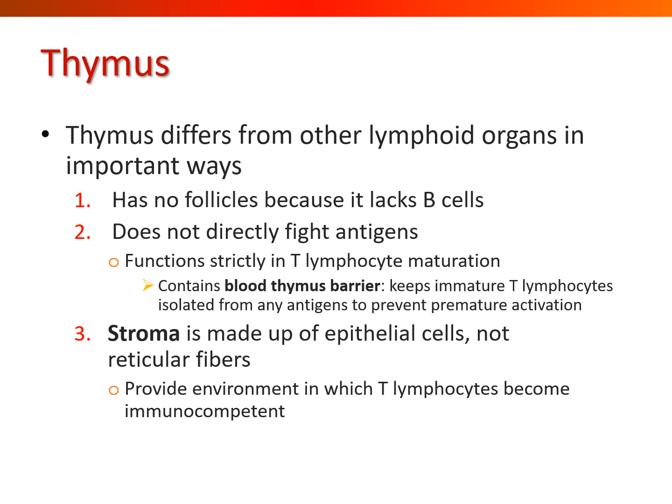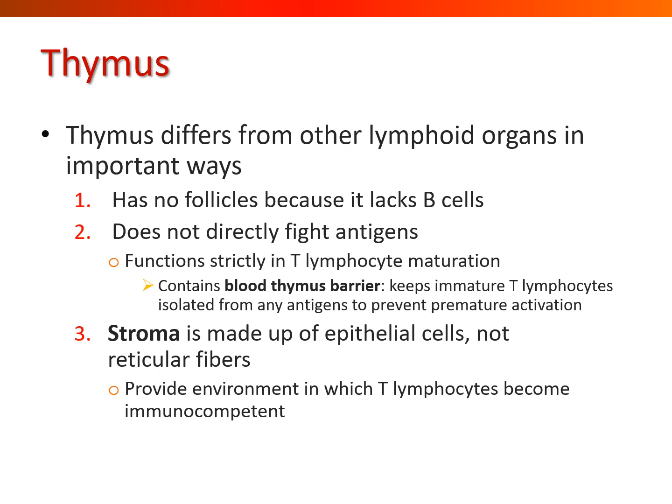So it's really important during the educational process, the maturation process of a T lymphocyte, that the thymus keep what it exposes to that T cell down to a bare minimum. So we're going to see a blood thymus barrier, something that we don't see in a lot of tissues in the body, but we will see it here.